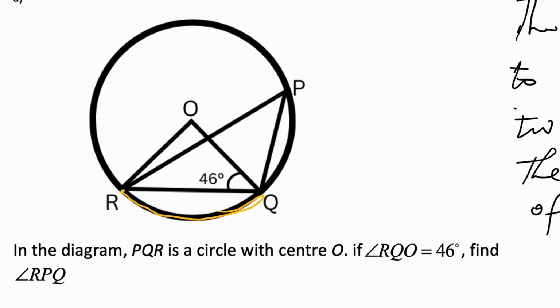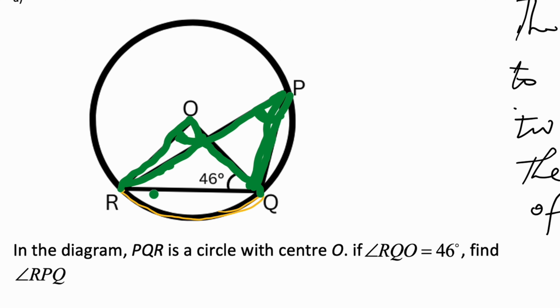RQ subtends this angle to the center, and this same RQ subtends this angle to the circumference. The angle the arc subtends to the center is twice the angle it subtends to the circumference.